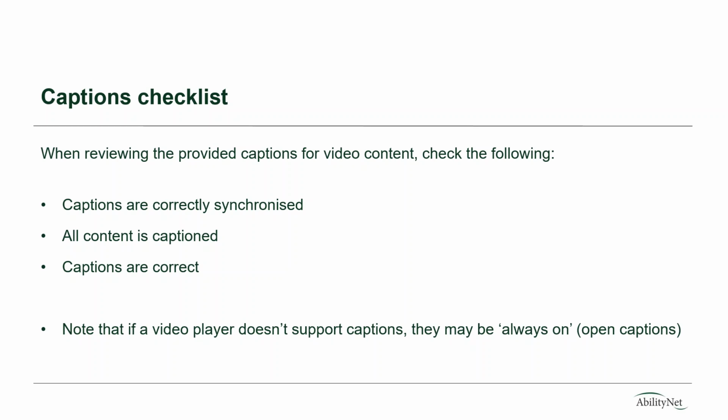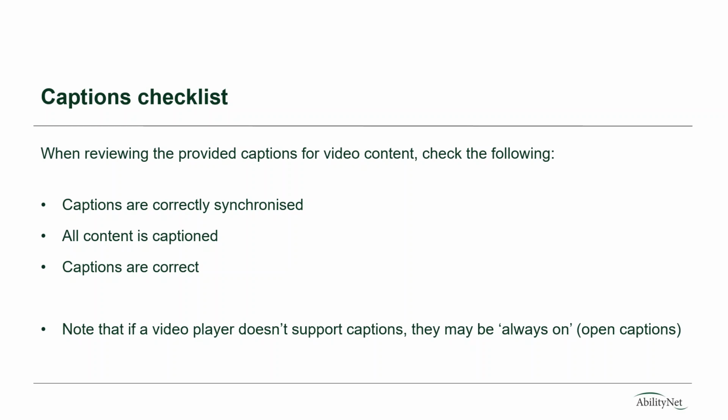So a good example would be if somebody is introducing somebody else, not only is what they're saying as a person captioned, but their introduction for the other person is also captioned as well.